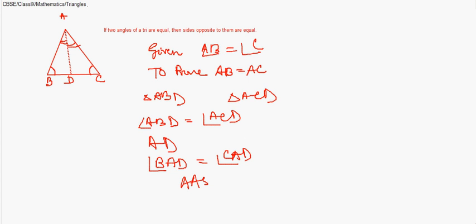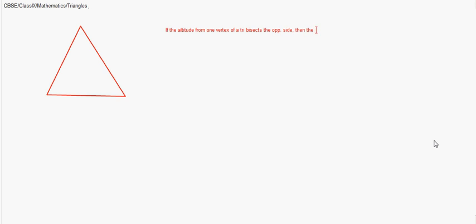One more theorem I can write here. I move on to another screen. I draw the figure again. It says if the altitude from one vertex of a triangle bisects the opposite side, then the triangle is isosceles.